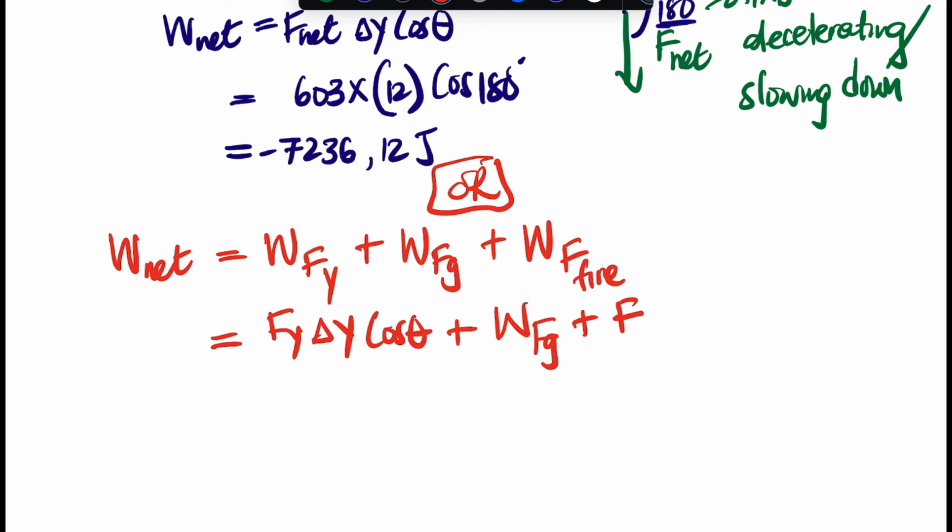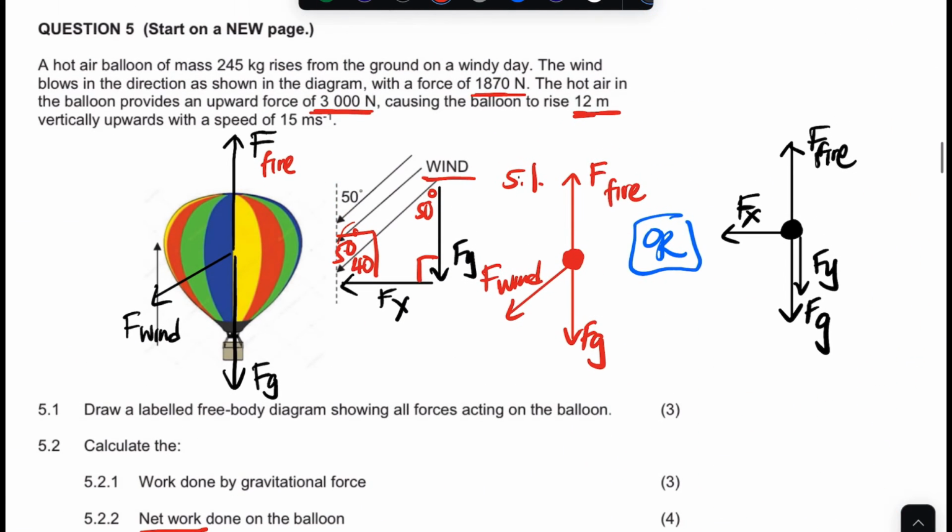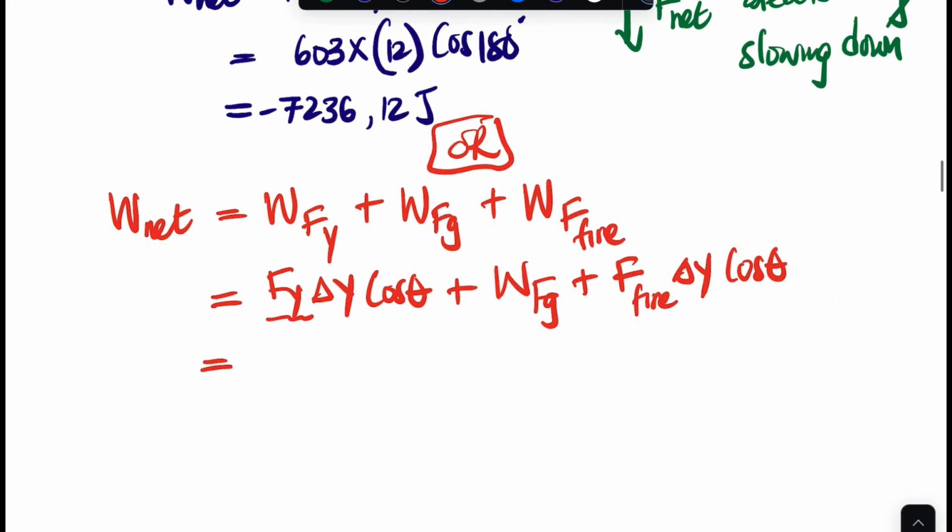This is the force of fire, force of fire change in y cos theta, right? So what I'm going to do now, the Fy, it's the 1870, which is this one, so we're calculating the work done by that.